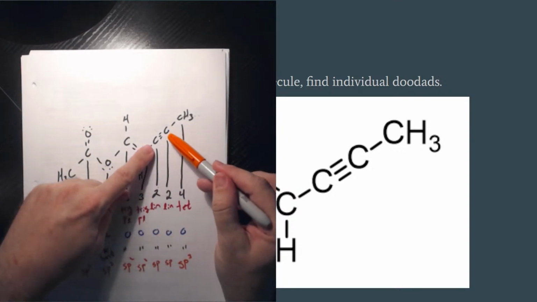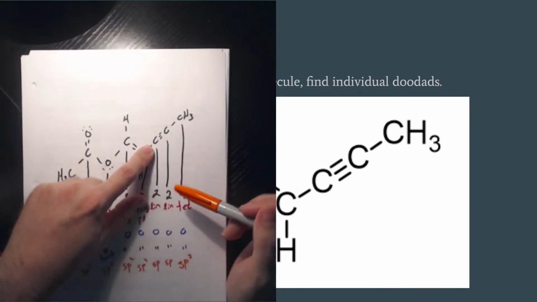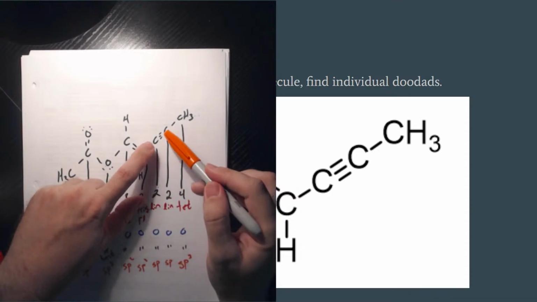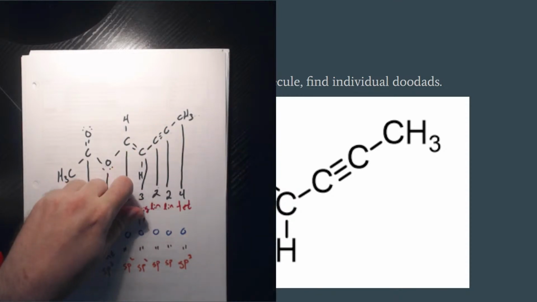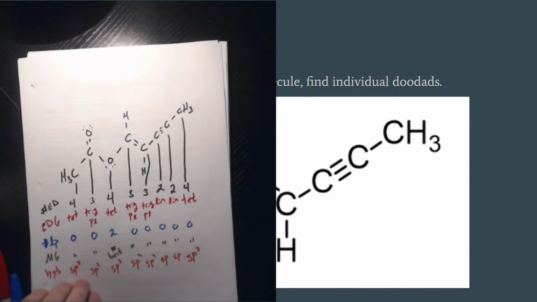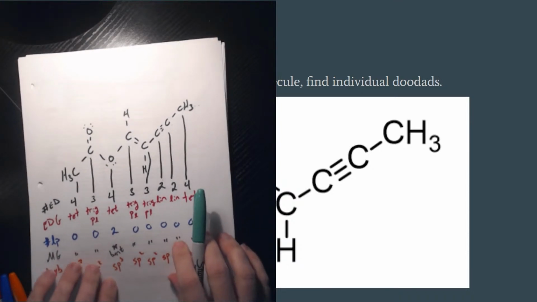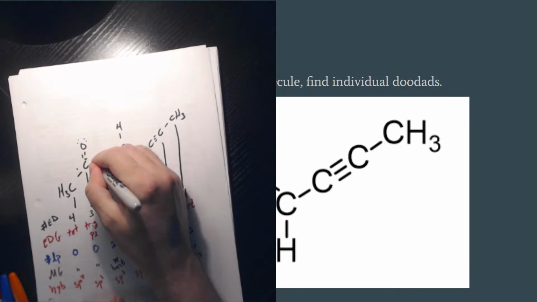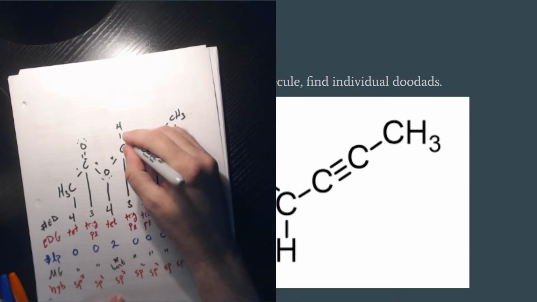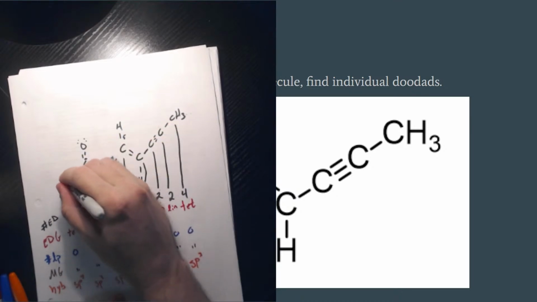And these 2 carbons, just having 2 electron domains, sp hybridized, each leave 2 p orbitals available for this triple bond. So when we count the number of bonds, how many sigma and pi bonds do we have? In terms of sigma, we have 1, 2, 3, 4, 5, 6, 7, 8.